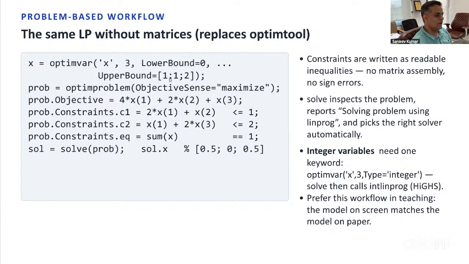Then in the problem, I will pass the sense of the optimization, whether maximize or minimize. I will pass the objective, and I will pass the constraints, the inequality and equality constraints.